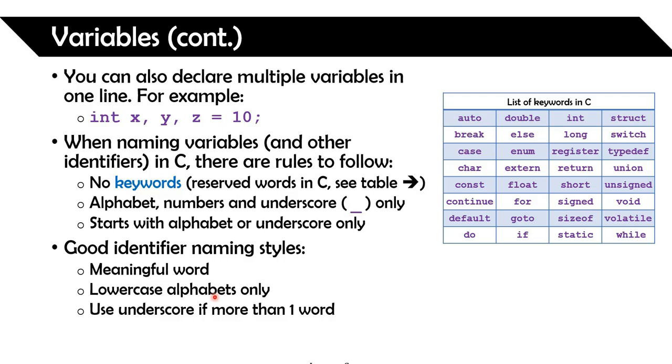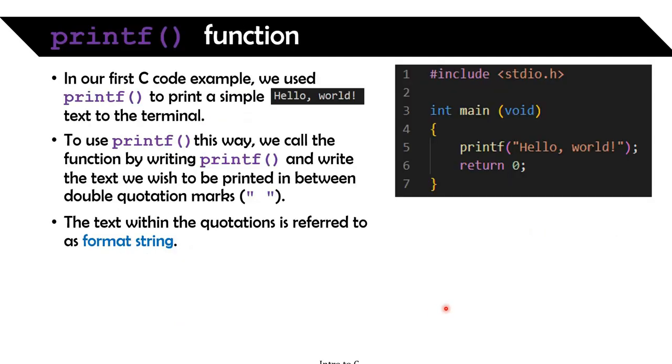So ideally, it's easier for you to use lowercase. And if you have more than one word, for example integer A, you can type it straight as integerA, or you can put integer_A equals so-and-so value. Okay, so far?